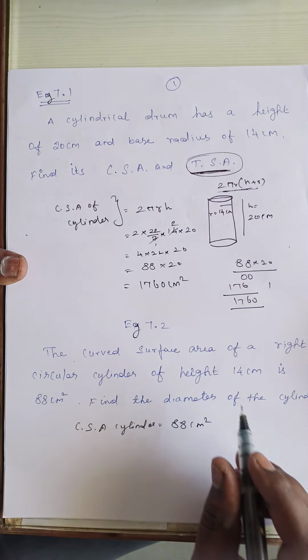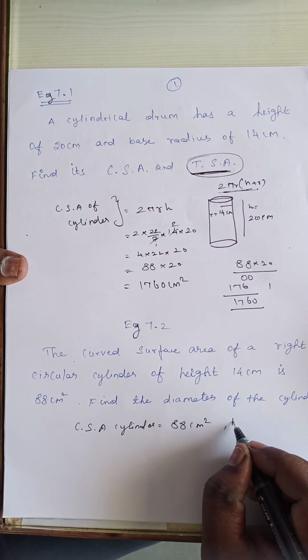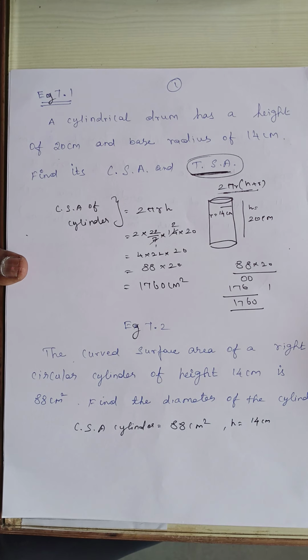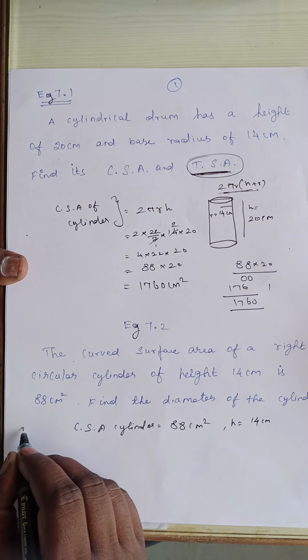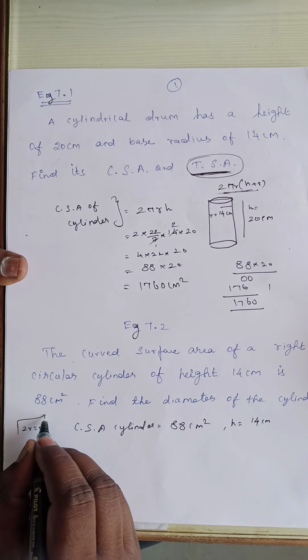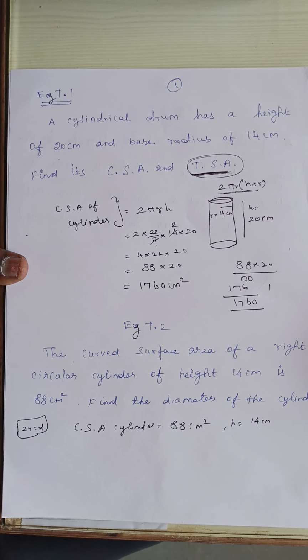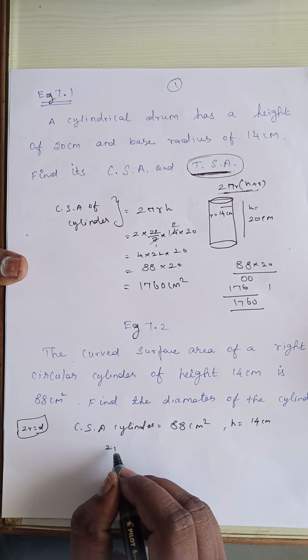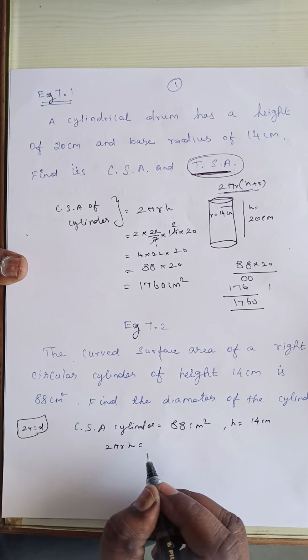Also given height, H equal to 14 centimeter. So first find out the radius. Then multiply the radius with 2 to get the diameter, that is 2R equal to D. Therefore, the formula will be 2 pi RH.